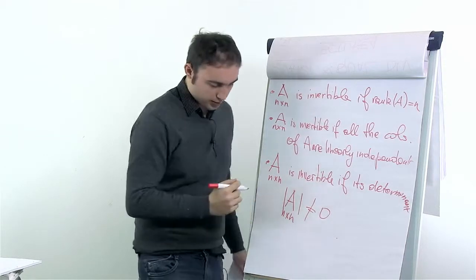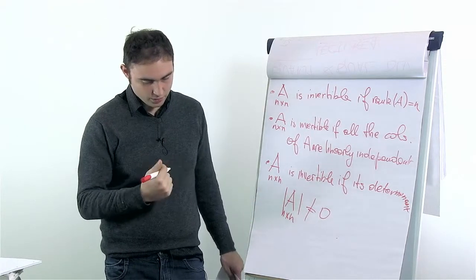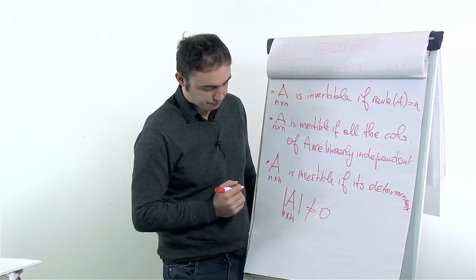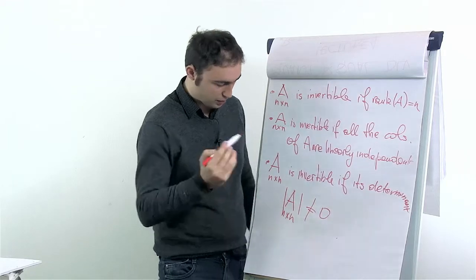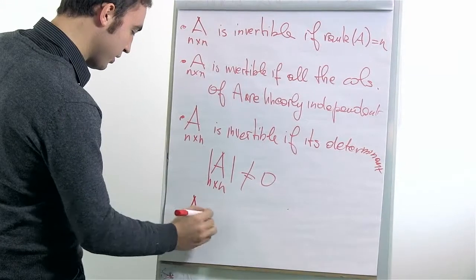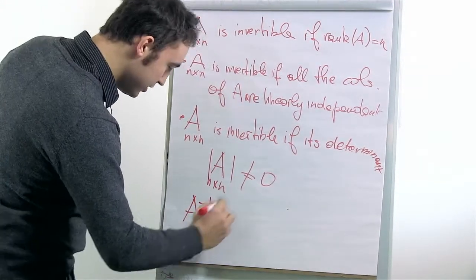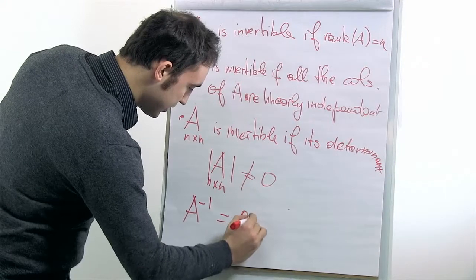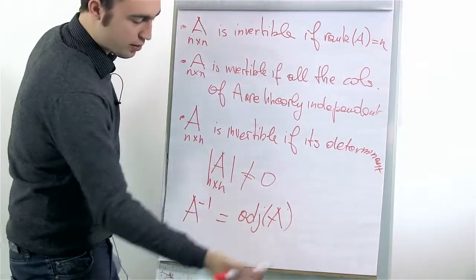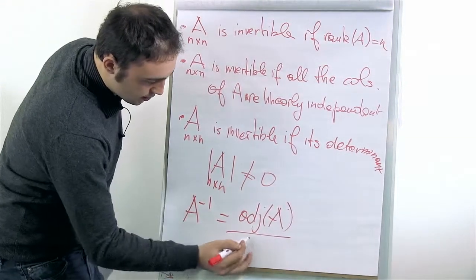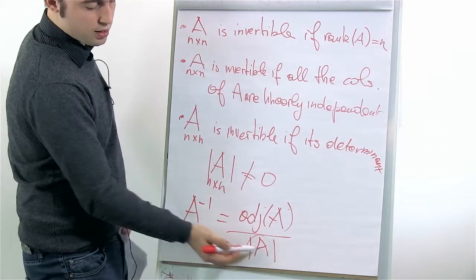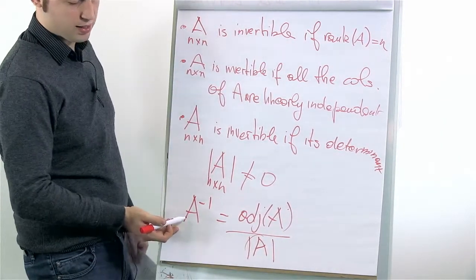This is also due to the fact that we can define the inverse matrix with something related to the determinant, because, I don't know if you know, but you can find on the internet for sure, on Google, that A inverse is the adjoint matrix of A, which I have not explained, but is a matrix that depends on A, divided by the determinant of A. But if the determinant of A is equal to 0, then this one doesn't exist.